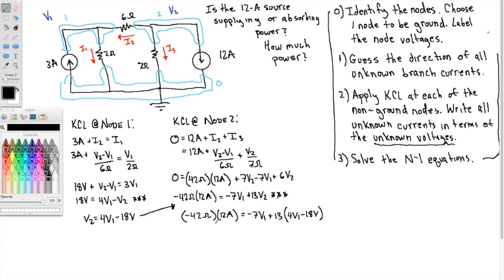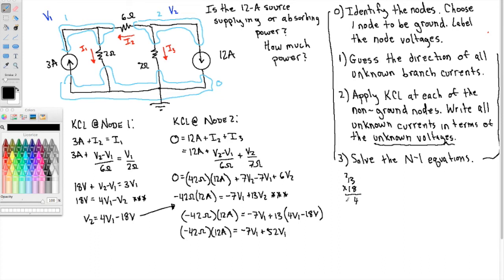Okay, so now I need to do some math here. So let's keep this right now as 42 ohms times 12 amps equals minus 7 V1. And when I distribute the 13 in, I get 52 V1. And I get 13 times minus 18. Real quick, I'm very slow in math.